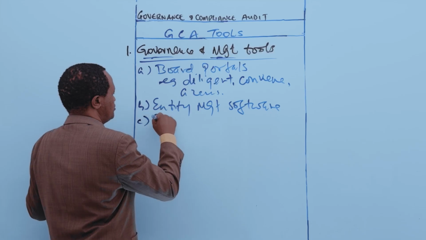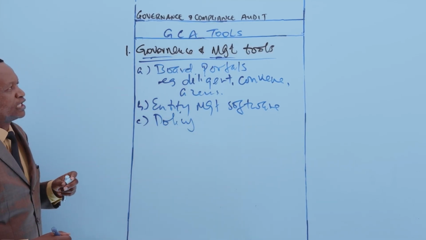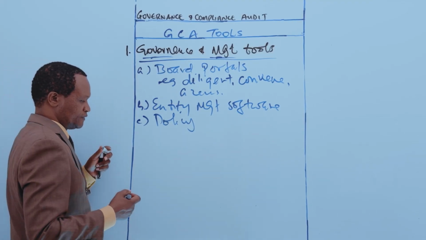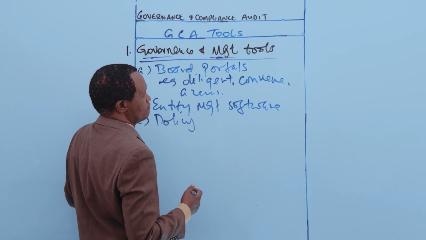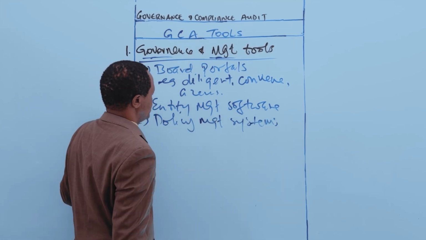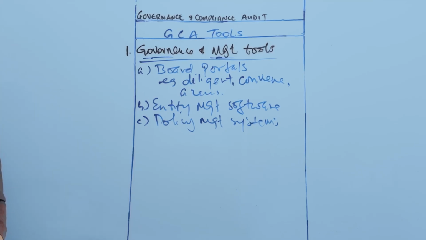3, we have another type of a tool known as policy management systems. Just as the name suggests, candidates say policy management systems.